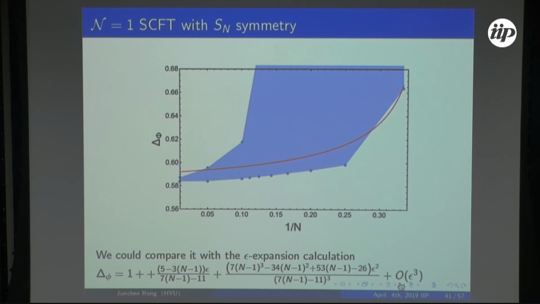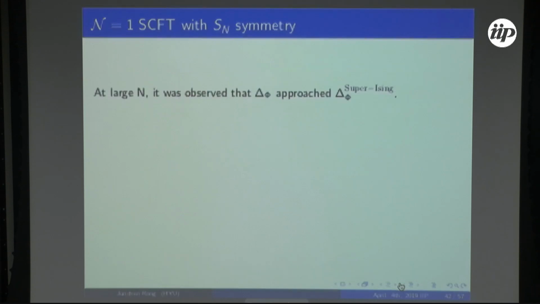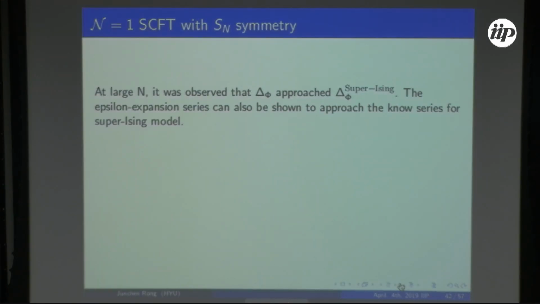If you add that condition in your bootstrap, you can exclude a little bit more region, and you have a lower and upper bound for large enough n. The reason we require the superpotential dimension to be bigger than 2 is because it's an infrared theory, in terms of the Lagrangian. So this is S_n.